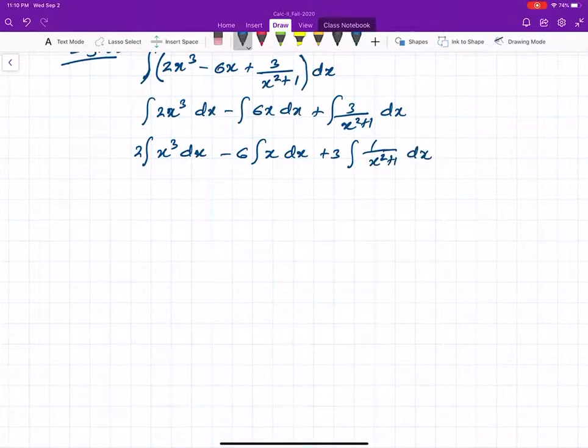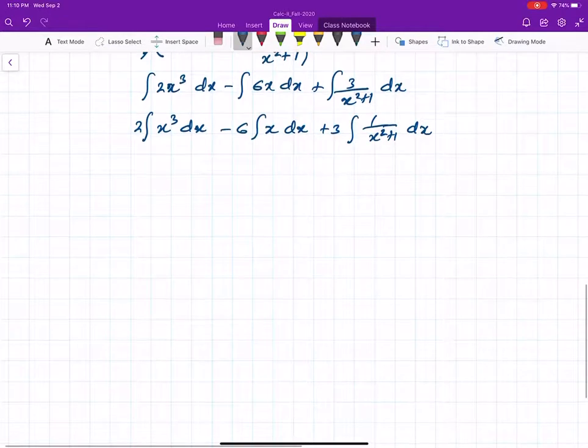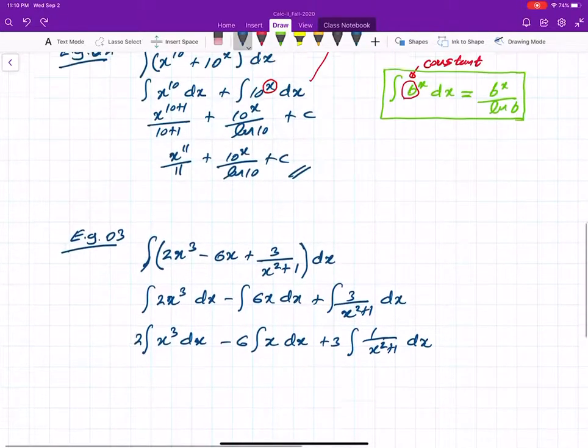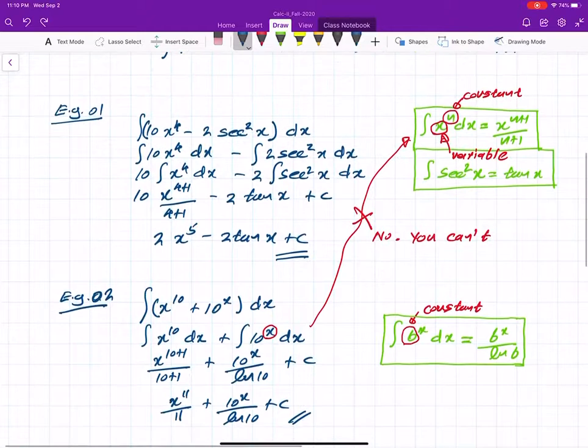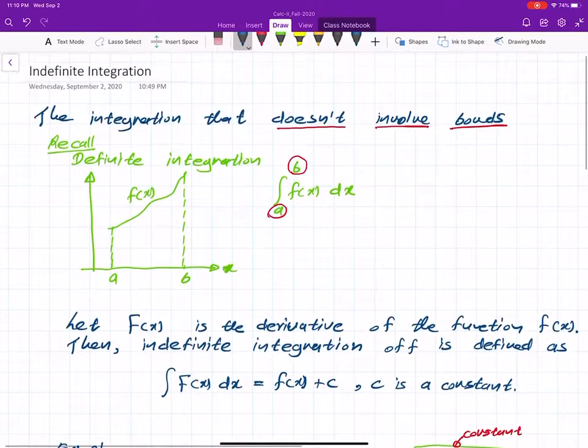All right, now we're going to integrate them separately. X to the power 3 is a power law case, so you have to use the power law. The power law is given earlier. It is right here.